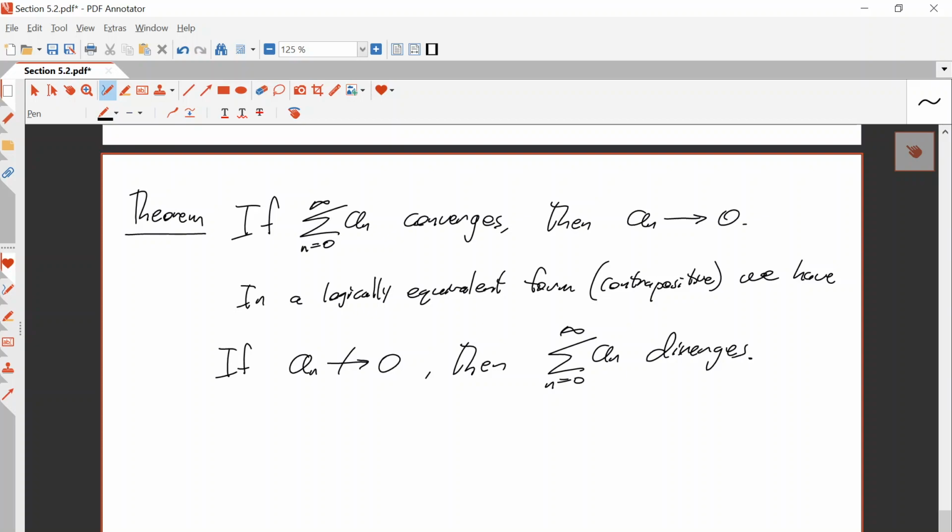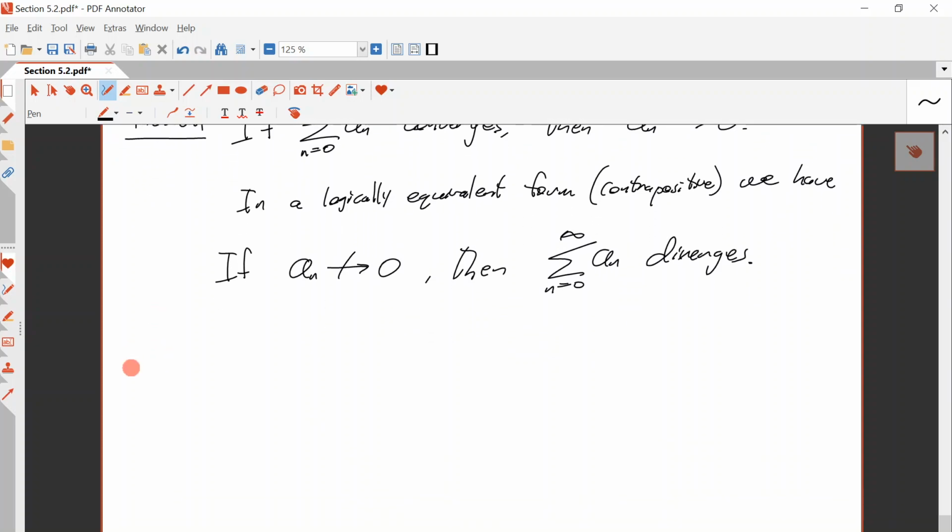Should I do the proof of that for you? Let me give you an example, and then I'll show you the proof. So, for example, something like this: 3n plus 1 over 2n minus 5. That converges to 3 halves. This sequence converges to 3 halves, which ain't 0.